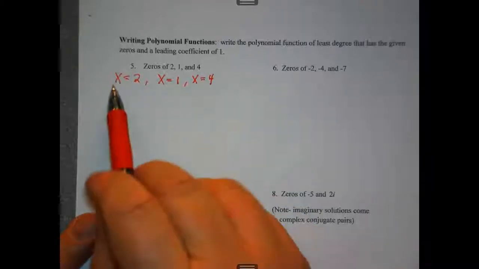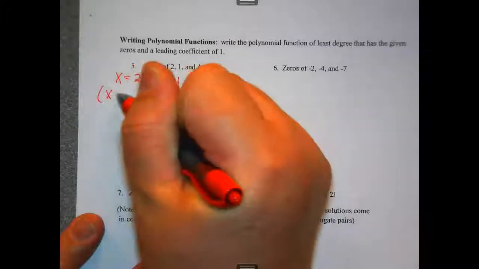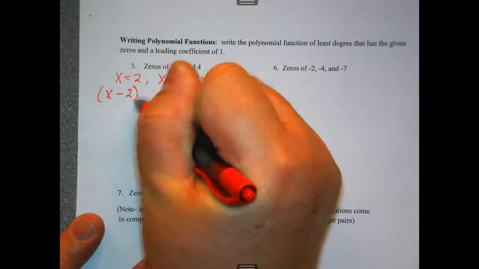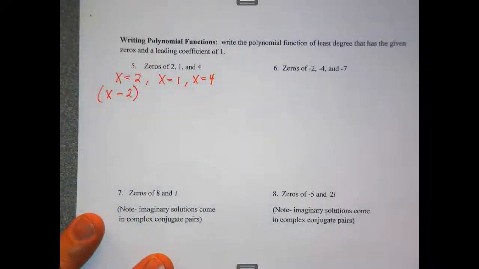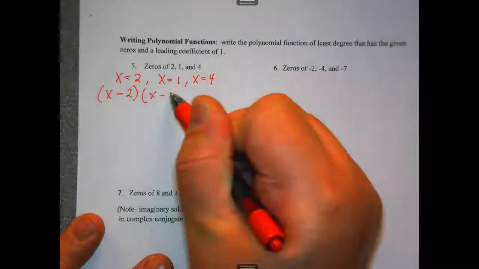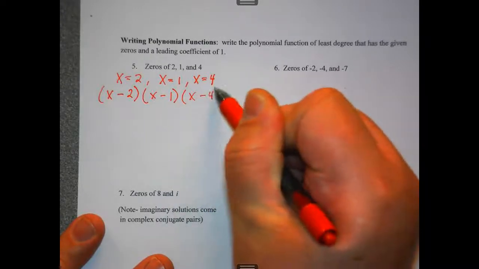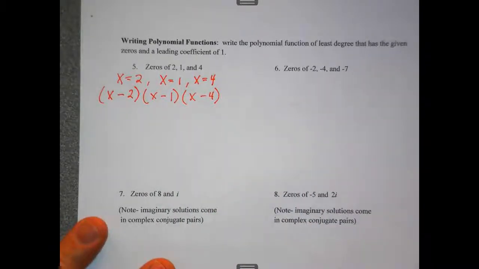What's the factored form of x equals 2? X minus 2, right? It's the opposite sign. So this is going to be x minus 1, and then x minus 4. How do we get the polynomial? The product, right? Multiply them all.